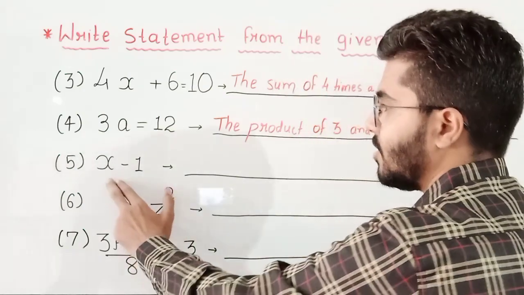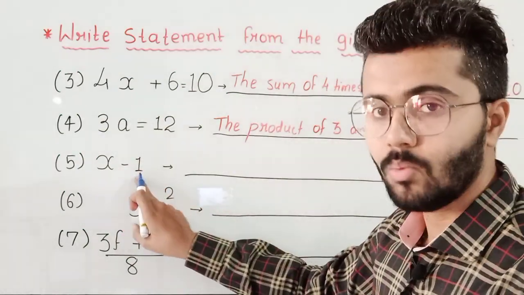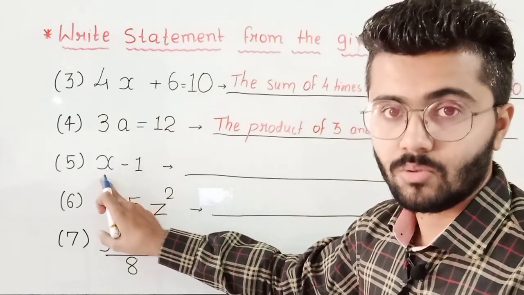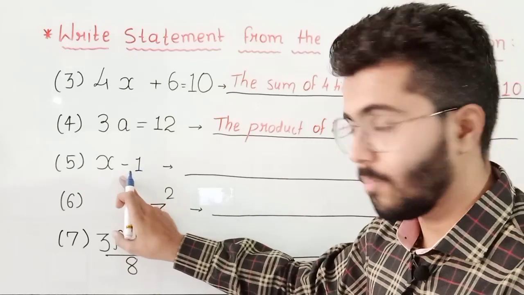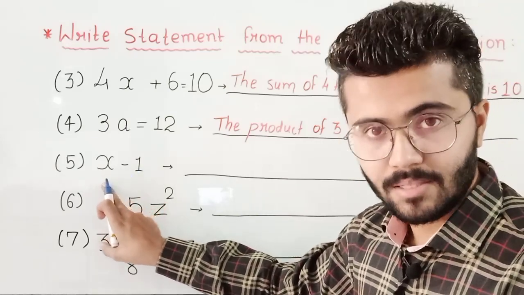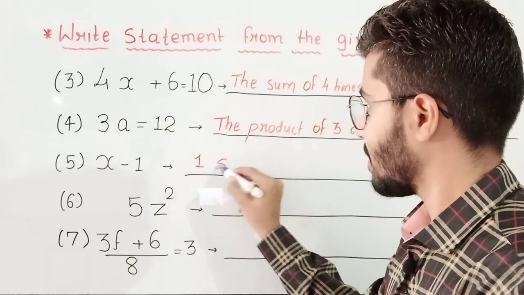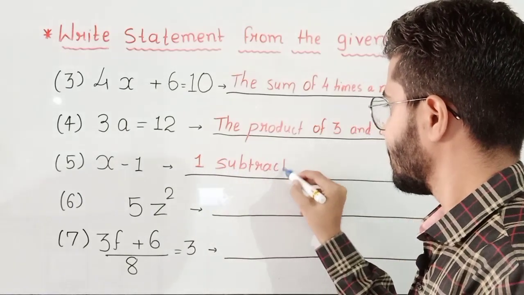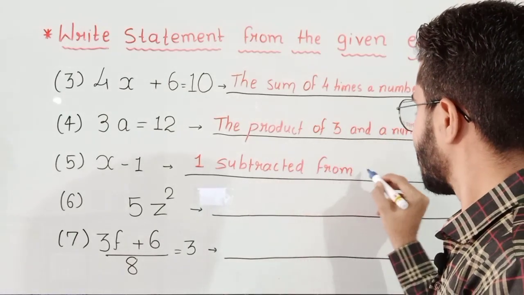So you can write any of the statements which I spoke. So here I am writing 1 less than a number, or else I can also say 1 subtracted from a number. Yes, that is also correct. So let me write that: 1 subtracted from a number.